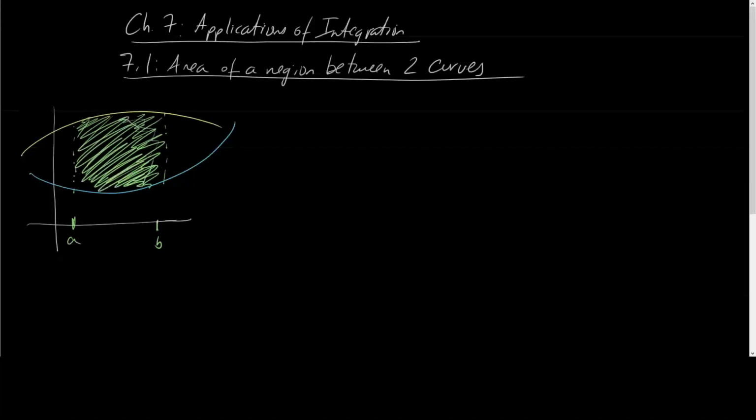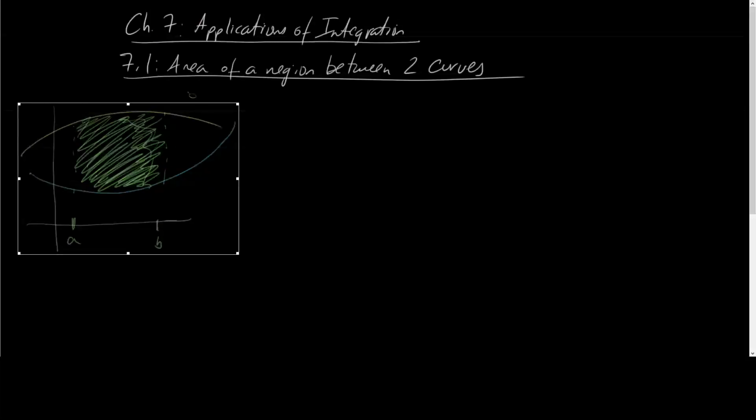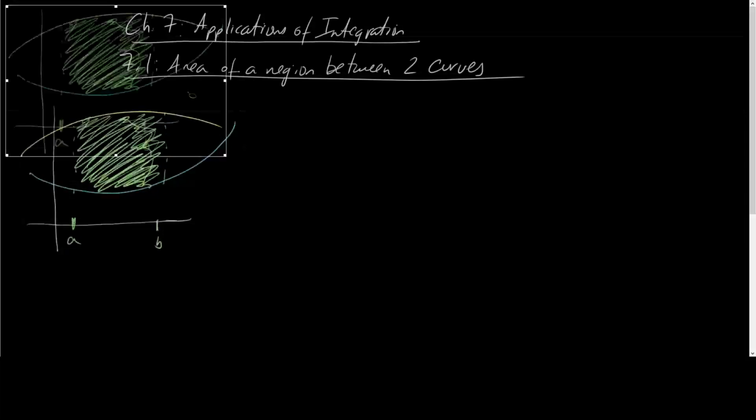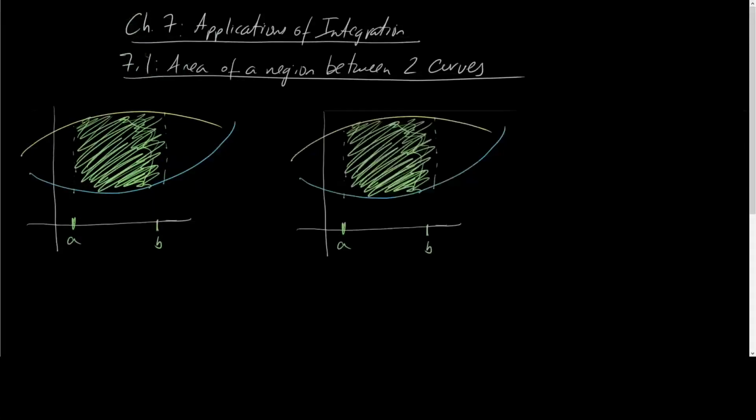Well, it turns out that what we can do here is the following. We can start with the bigger area. We're going to start with the bigger area. Here we go.